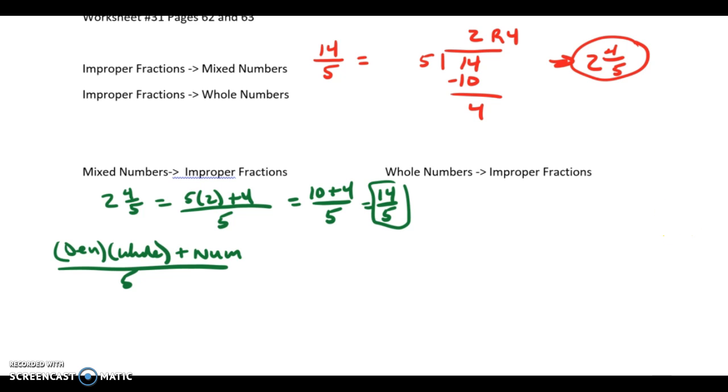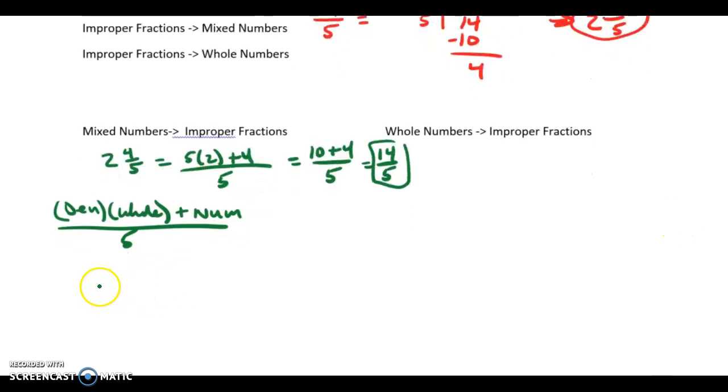Okay, let's try another one real quick. Let's go 3 and 5/8. So first we do 8 times 3. Then we add the 5. We're going to put it all over the denominator in the fraction, which is 8.